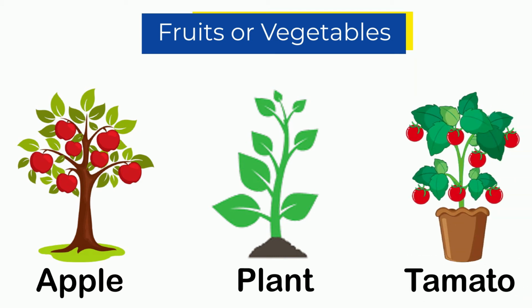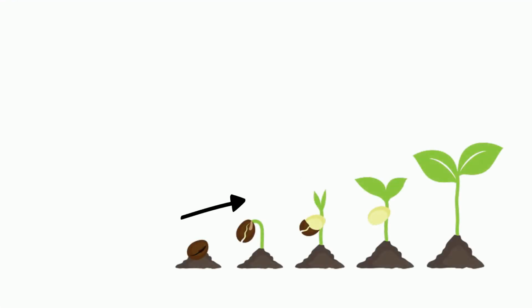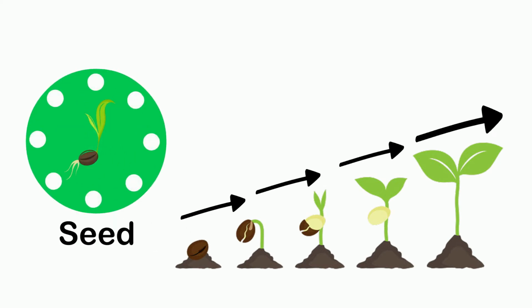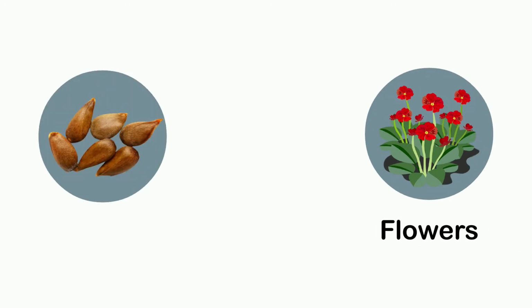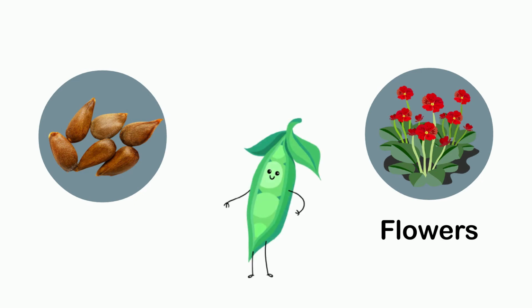This diagram shows the stages which a common flowering plant goes through during its life. As you can see, the life of a plant starts with a seed which germinates and grows into a plant. The mature plant produces flowers, which are fertilized and produce seeds in a fruit or seed pod.